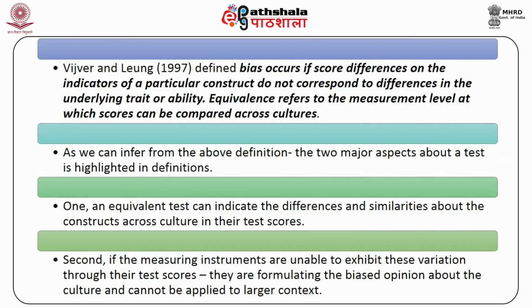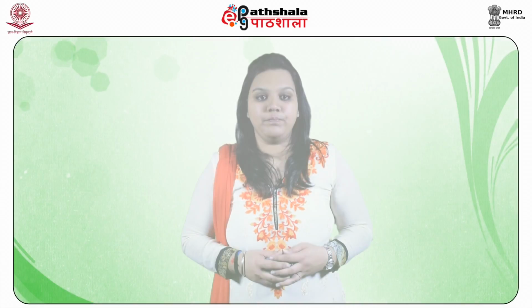As we can infer from the above definitions, two major aspects about a test are highlighted. First, an equivalent test can indicate the differences and similarities about the constructs across cultures in their test scores. Second, if the measuring instruments are unable to exhibit these variations through their test scores, they are formulating a biased opinion about the culture and cannot be applied to a larger context.